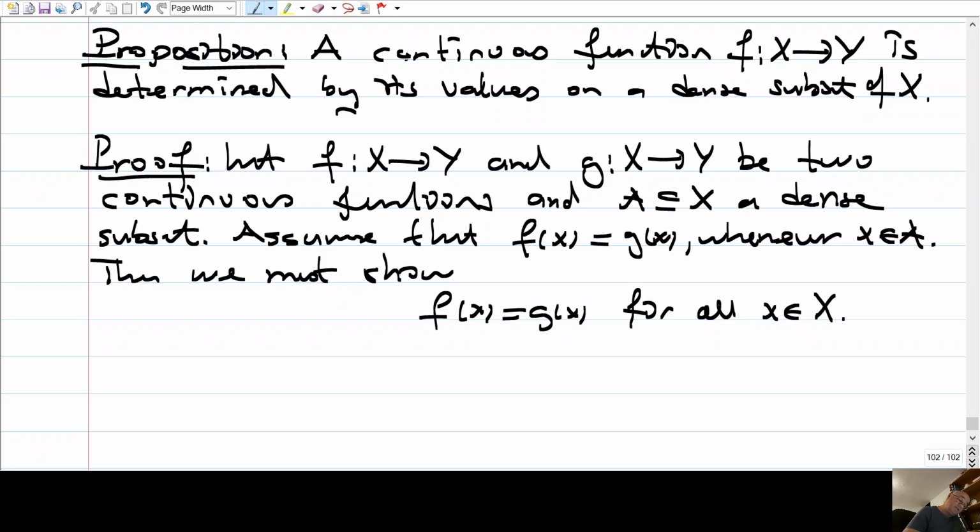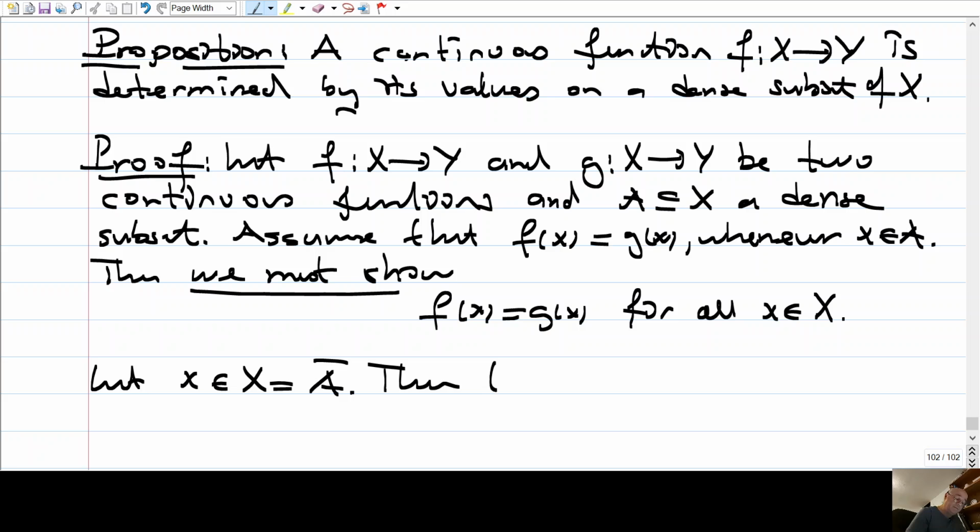How can we prove this? So I said we must show, right? So let x be any point in X, which is in the closure of A because A is dense in X. But what was the sequential characterization of closure?